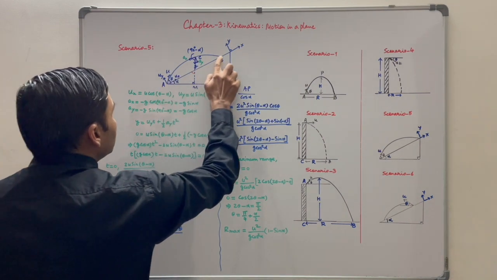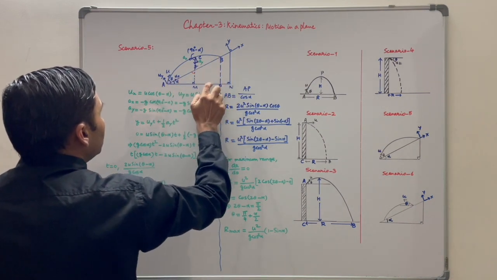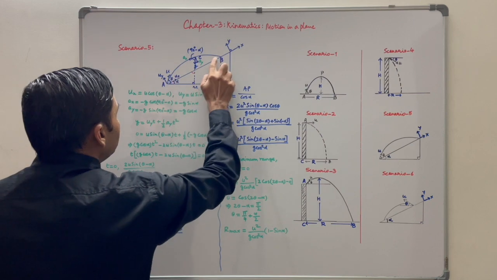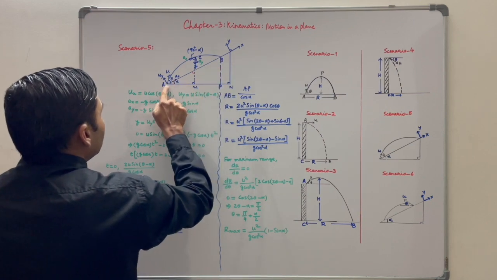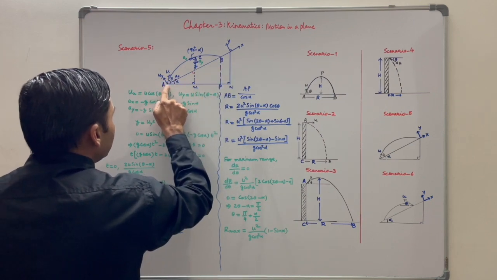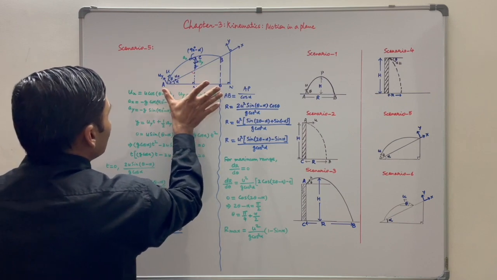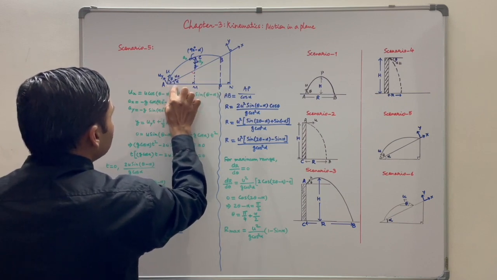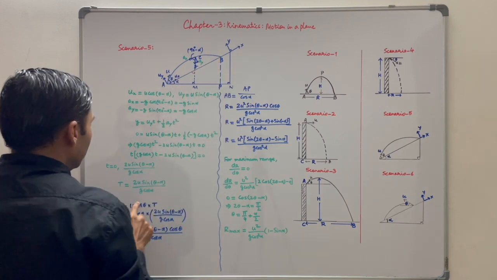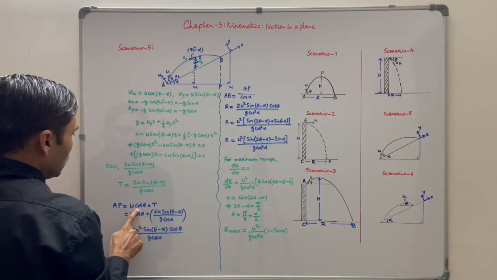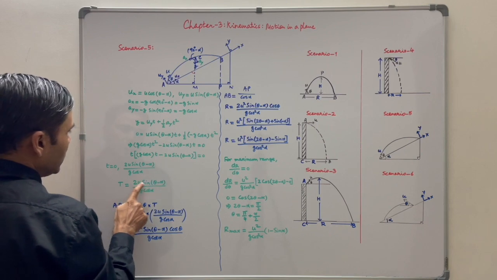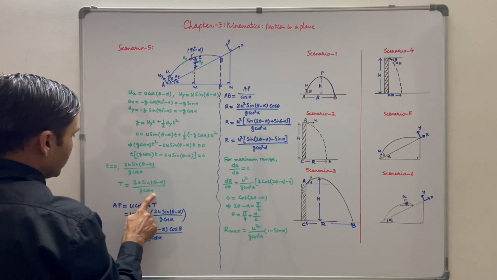Now in this right angle triangle, AP upon AB is equal to cos alpha. Component of initial velocity along the horizontal direction will be u cos theta. So AP is equal to u cos theta into time of flight. So AP is equal to u cos theta into 2u sin theta minus alpha upon g cos alpha.